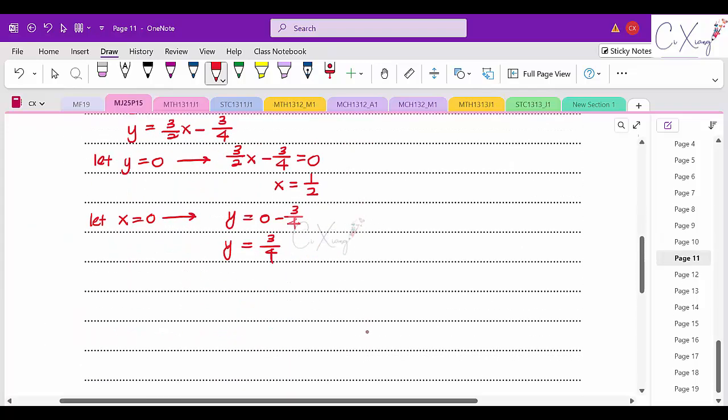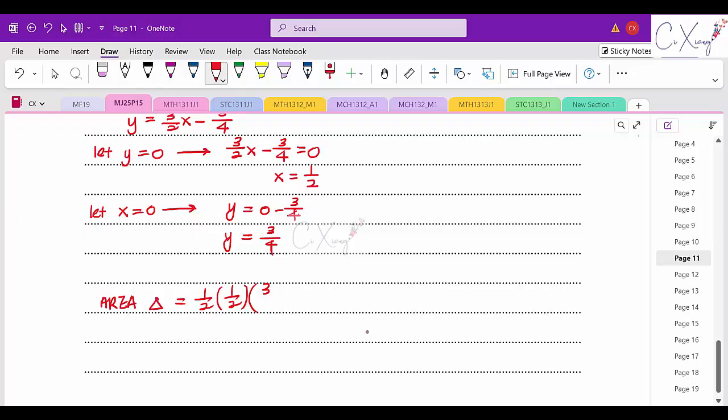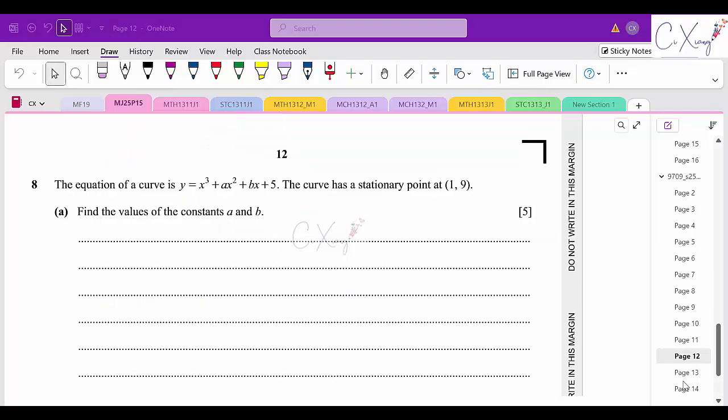So area of triangle is half times base, the half, times height, the 3 over 4. Oh, sorry, I forgot to put a negative here. Okay, then simplify it. The area that you get should be 3 over 16. So this is how we solve question number 7.